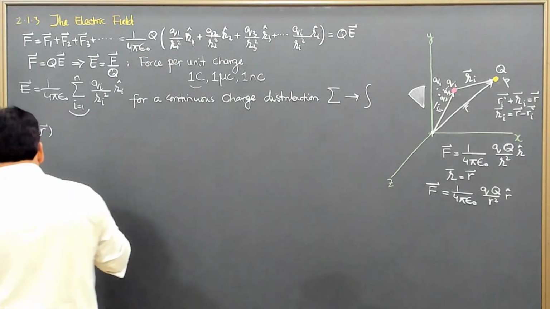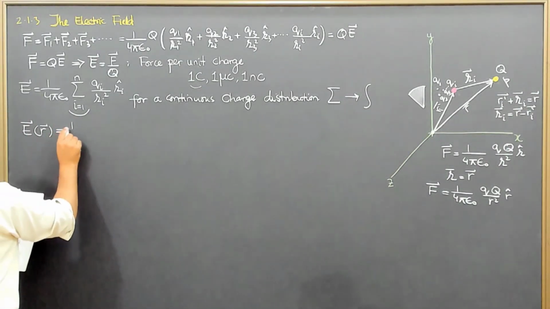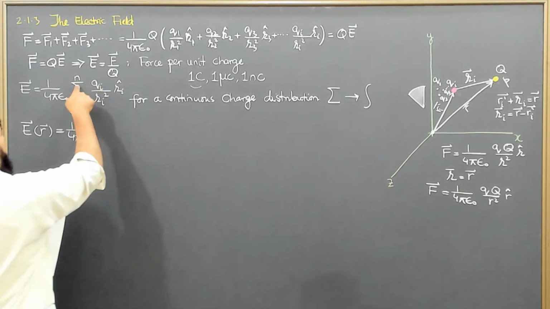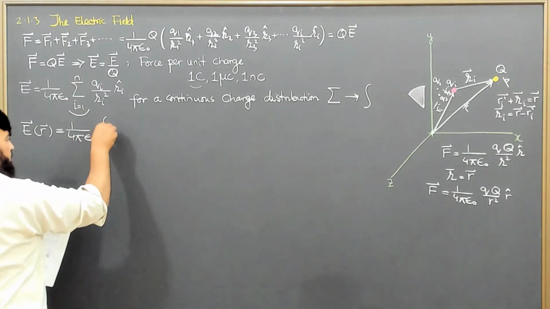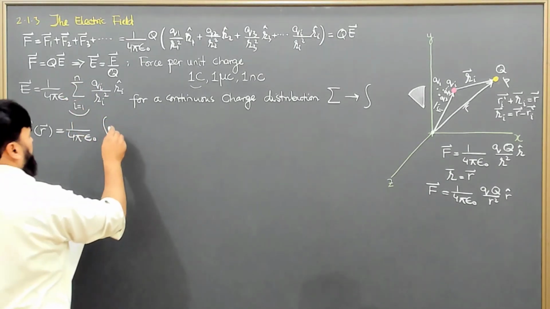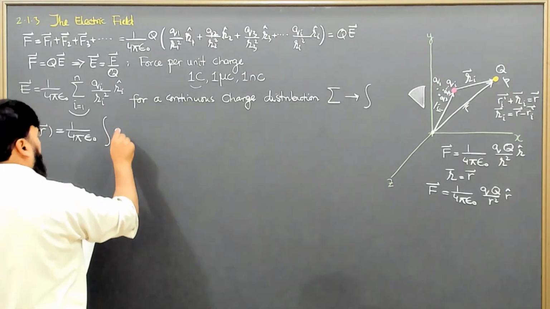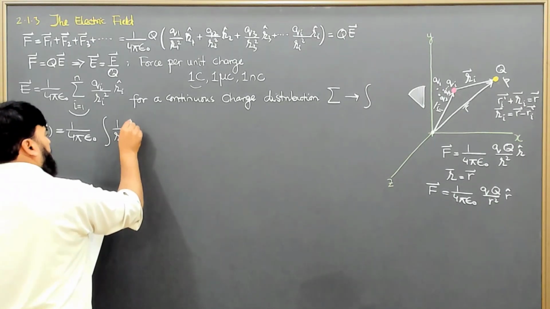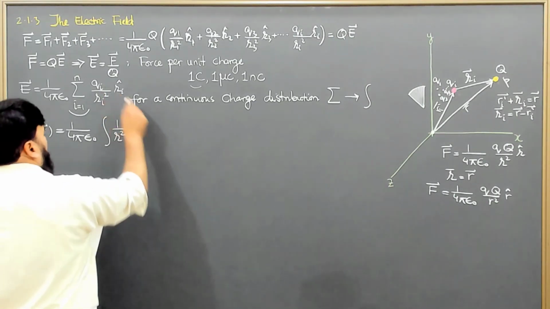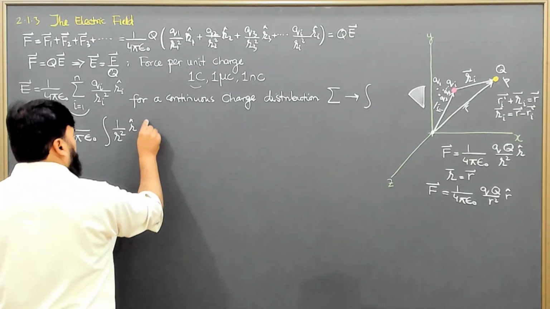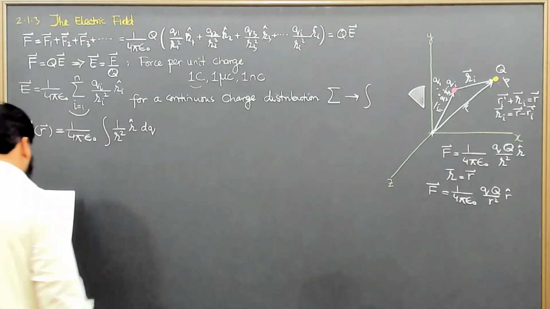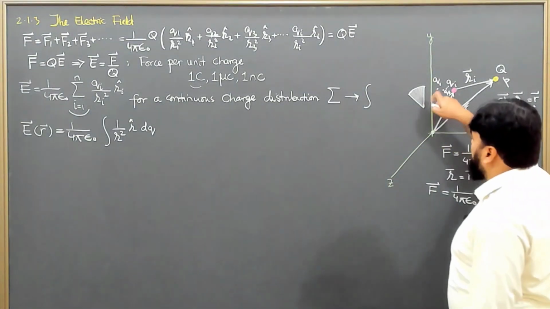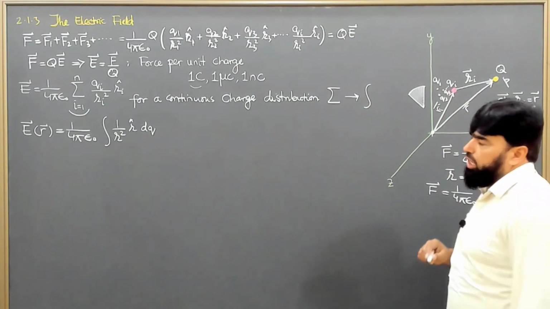So E of r is equal to 1 over 4 pi epsilon naught, and then this will convert into an integration for a continuous charge distribution, with 1 over r squared in the r unit vector, and this will be dq here, because dq is the smallest unit that we are going to integrate.